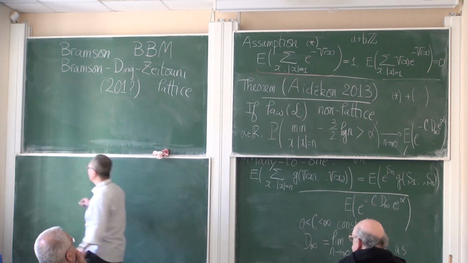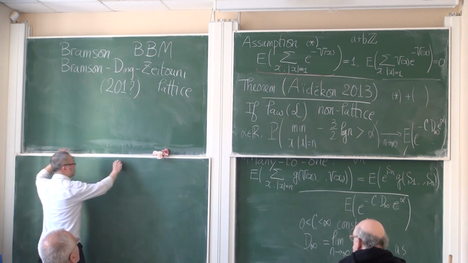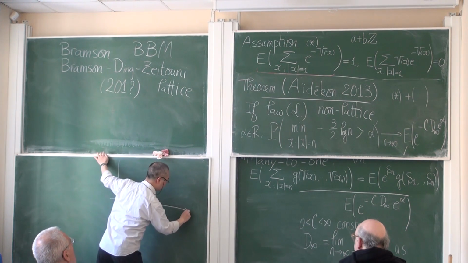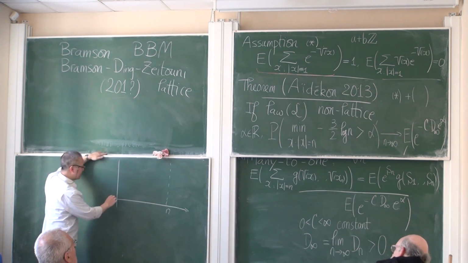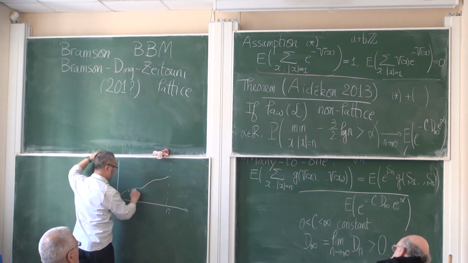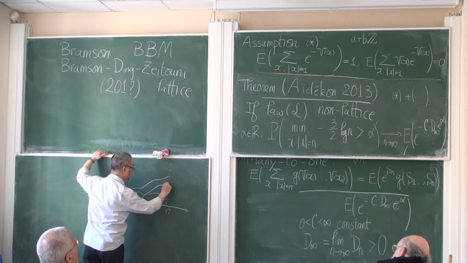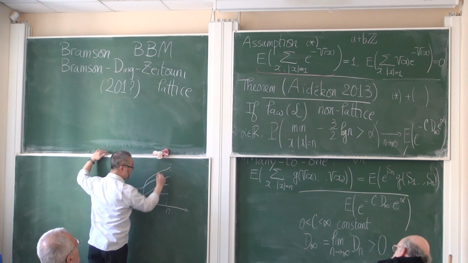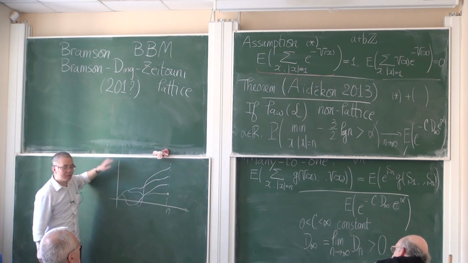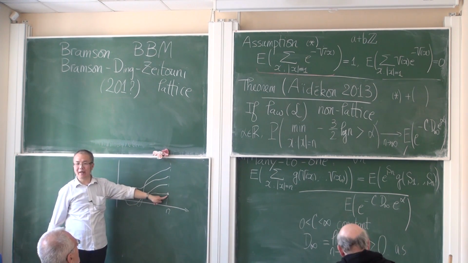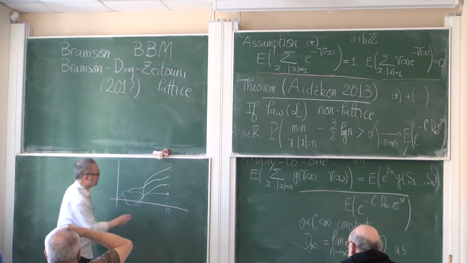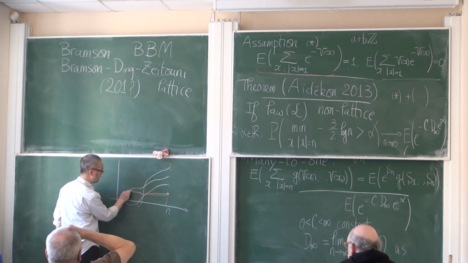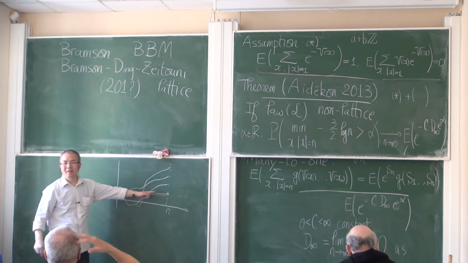So we saw that the minimal position at time n is 3 halves log n, right? So a natural question is, is it always that small in the past? For example, at time n over 2, at the branching random walk, is it also something like log n or maybe greater than that? Okay. So I'll make a picture. We know that at time n the minimum is roughly speaking 3 halves log n. So if I look at the whole path, the whole history of this guy, is it always that small?